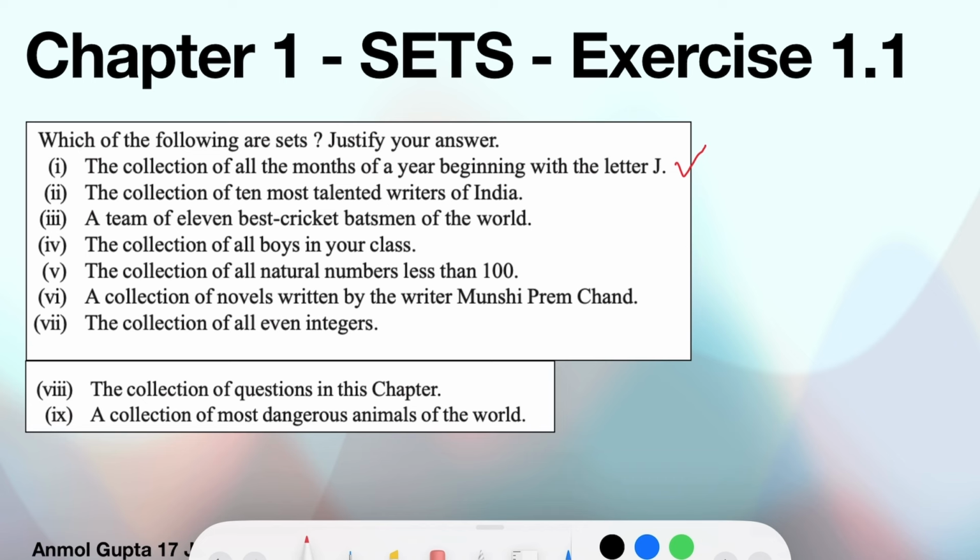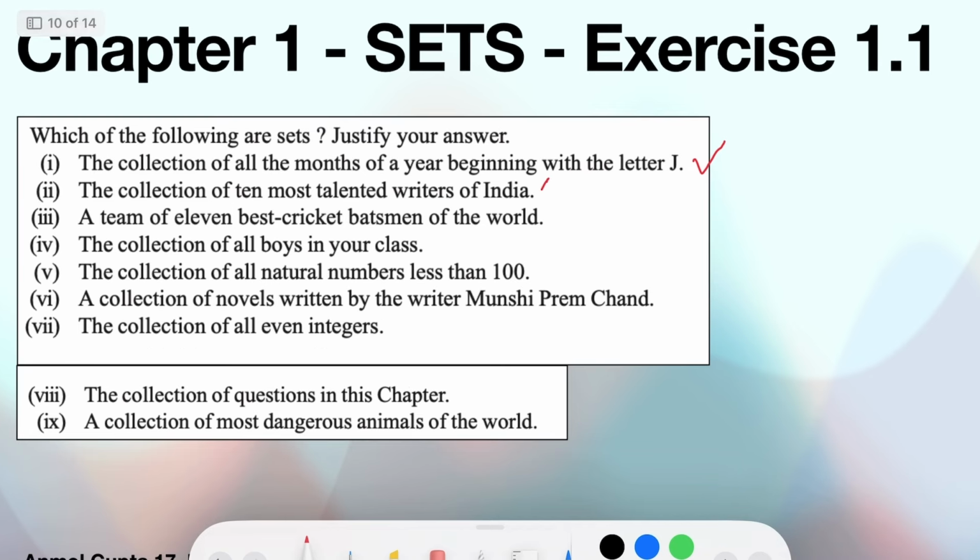So it can't be considered as a set. A team of 11 best cricket batsmen of the world. Again, it is a perspective basis. That means on a perspective basis, it can be different for different persons. So it can't be considered as a set.